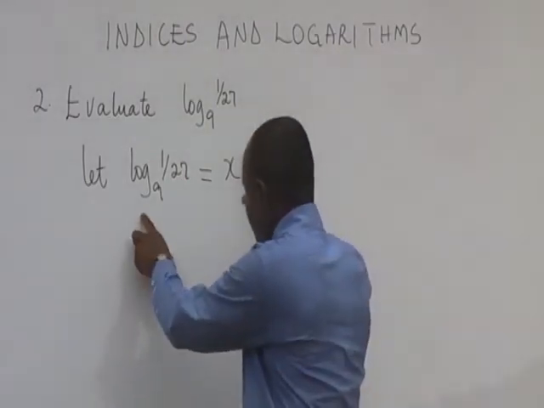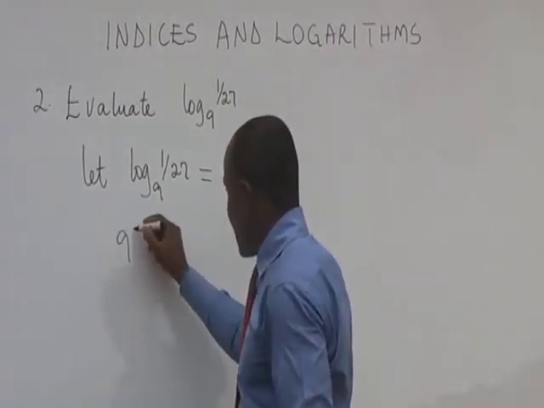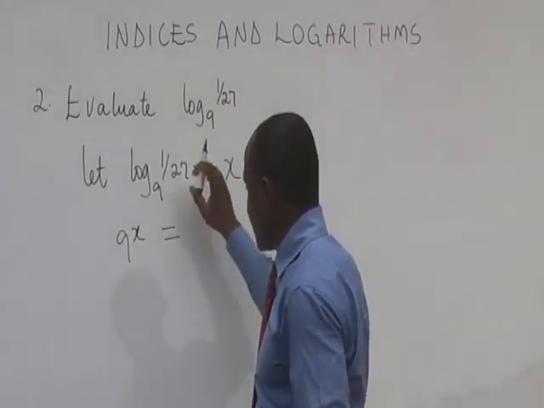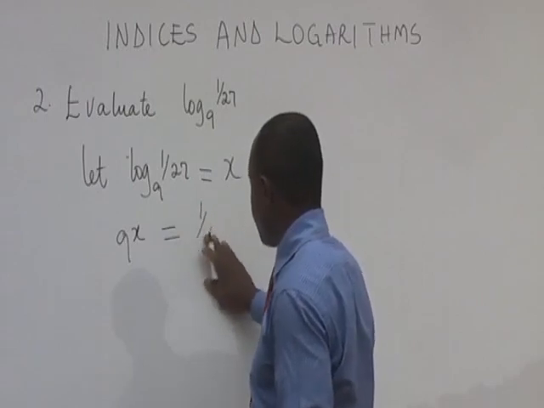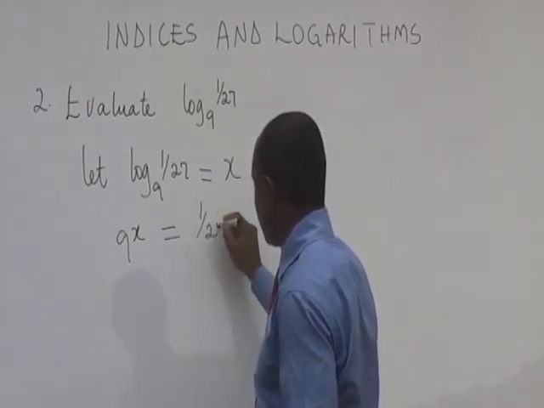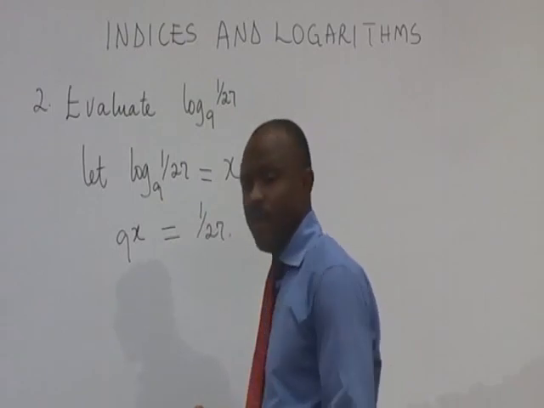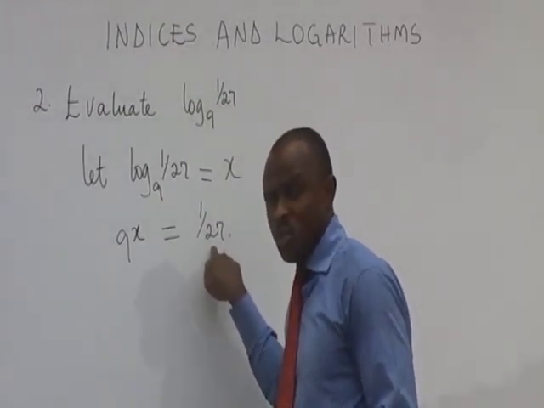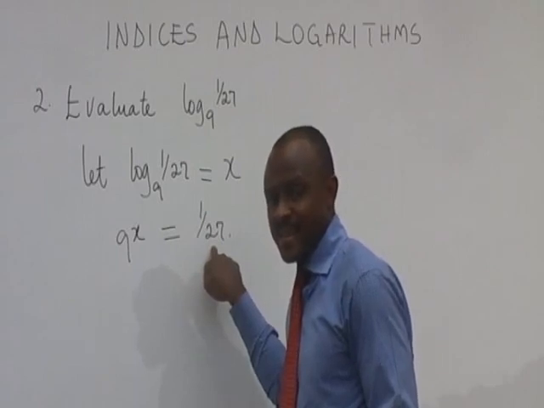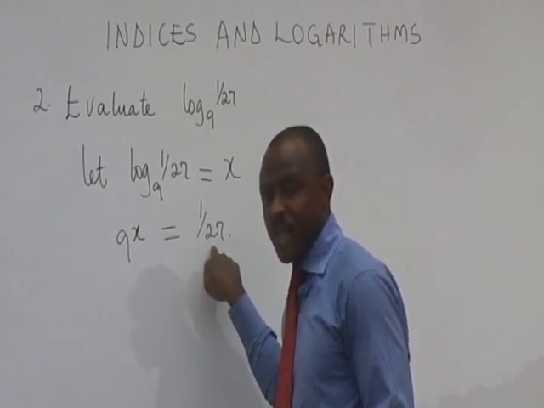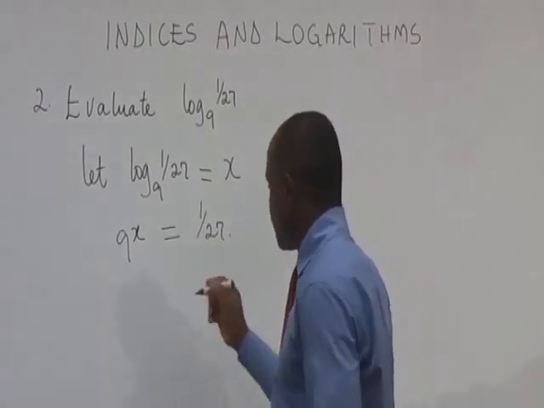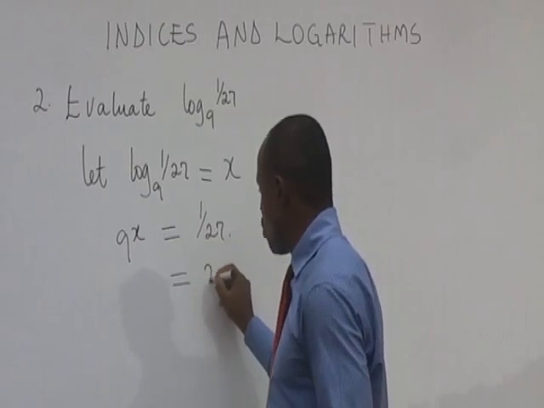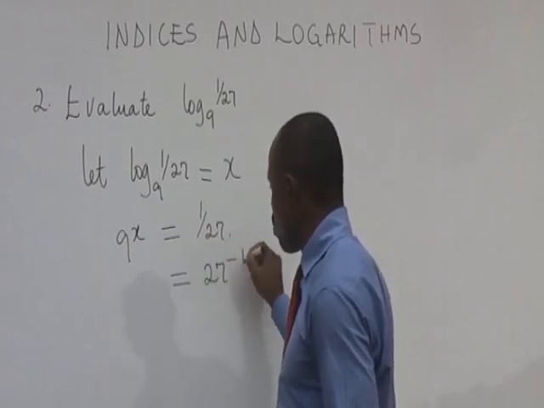If this is the case, that means 9 exponent x is equal to the index you have here, 1 all over 27. The first thing you do is change this fraction to an index. The law of indices number 4 told us that 1 all over 27 is something as 27 exponent minus 1.